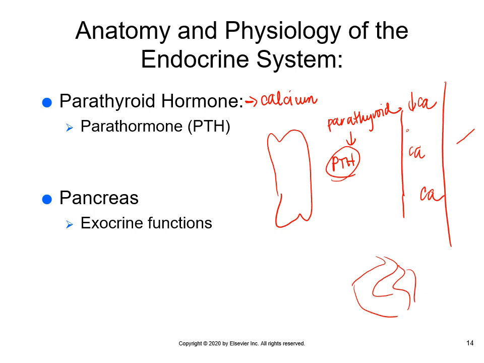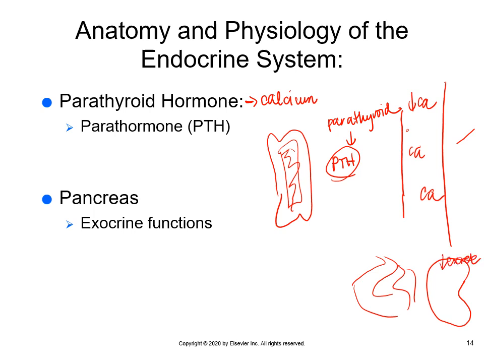All right, so the parathyroid gland is going to secrete that parathyroid hormone, and what it's going to do is communicate to the kidney, right? Oh, that doesn't look like a kidney at all. So the kidney, and it's going to tell the kidney, hey, can you conserve calcium? I don't want you to actually excrete calcium that much.